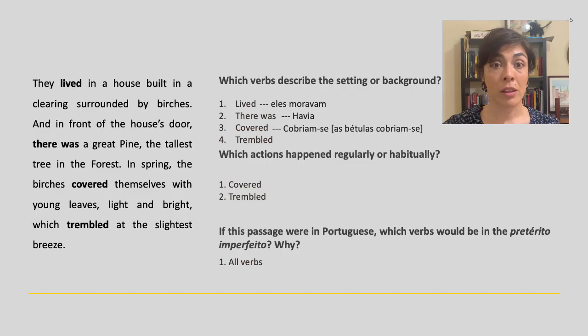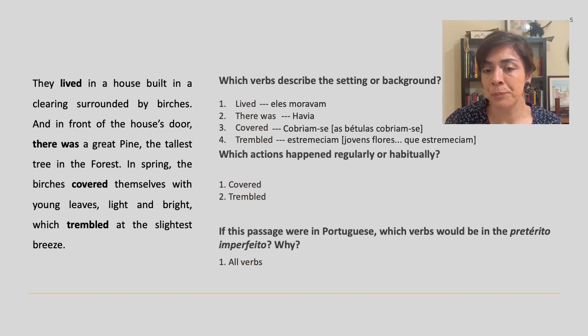Now the last one is trembled. I can imagine that perhaps you don't know this verb in Portuguese because even in English, the word tremble is not common everyday language. However, why not learn another word? The verb is estremecer. Careful, that is not what is written there. I'm just giving you the name of the verb, the infinitive.